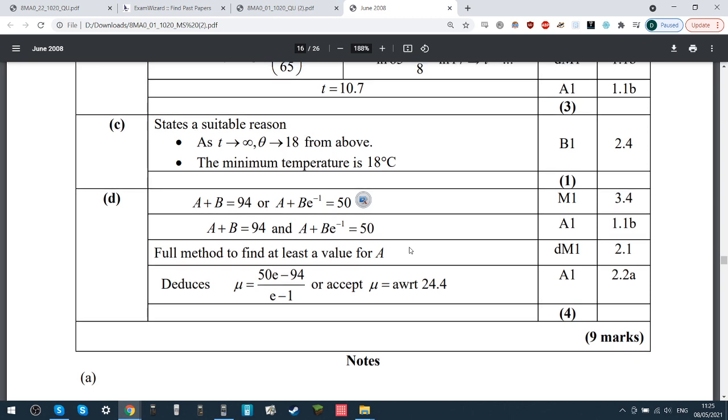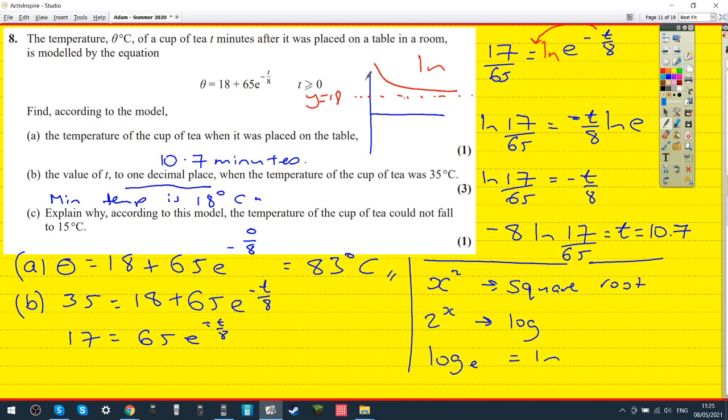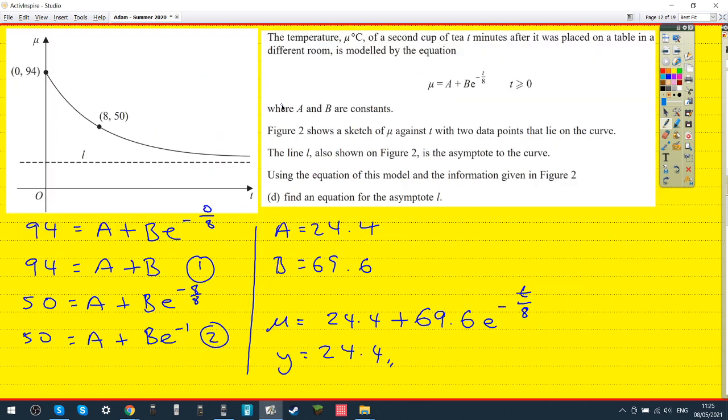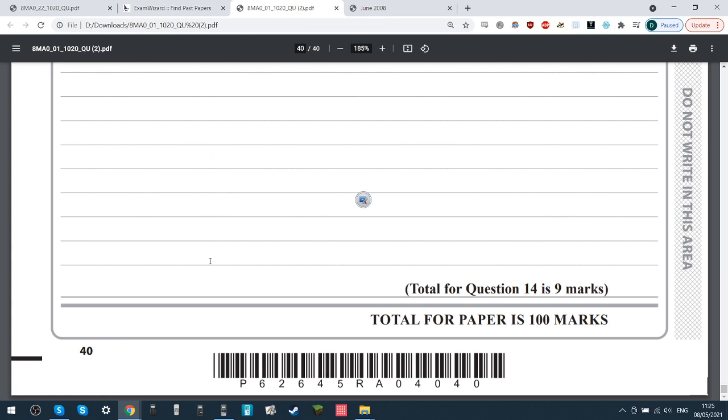Yeah, that's good. It's very similar to part A, the original one, but you had to find it yourself, given two data points. The asymptote is what it approaches, but can't get to.